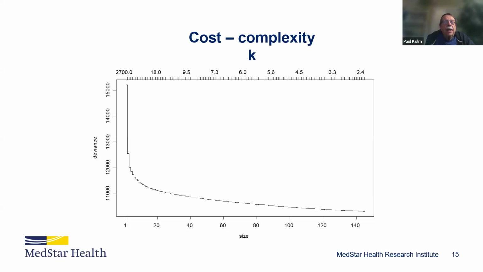You can see that if K is really large, then the size of the tree is fairly small. But as you decrease the complexity factor, then the size of the tree increases as the deviance also decreases.